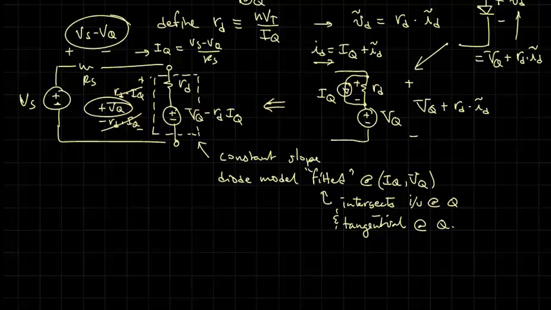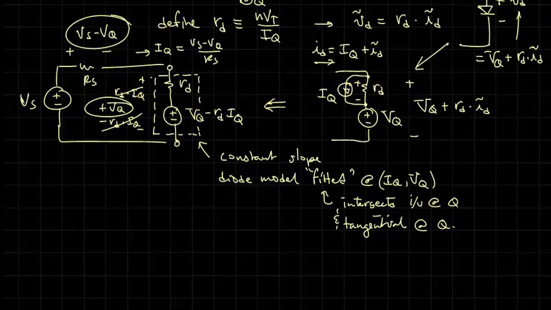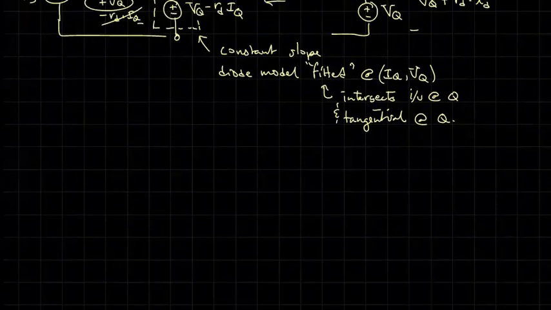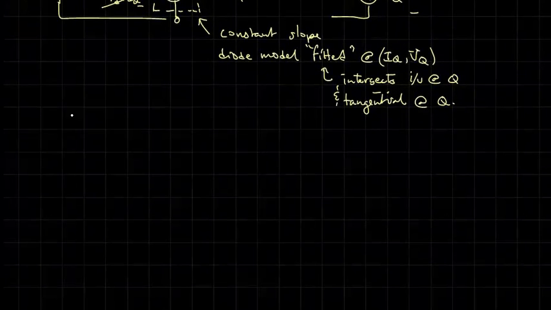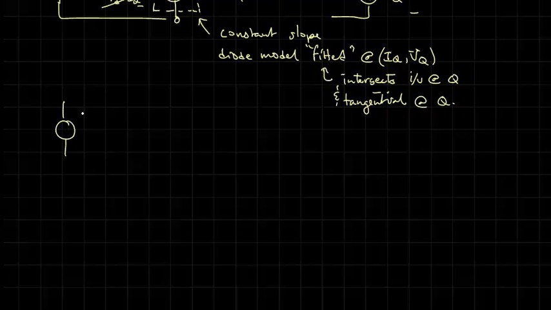If we were to go back and say now Vs goes up by 1% or something, how much does the current go up? We could use this model to predict how it would increase. But when we do that, we typically don't include the operating point, the DC value. There's no need to do that. So what you do instead is you simply strip off all the independent voltage sources.